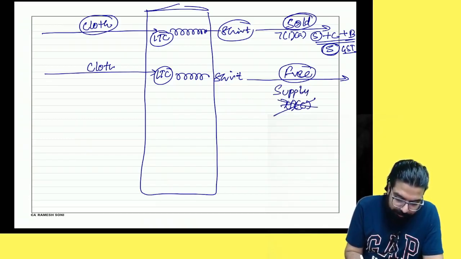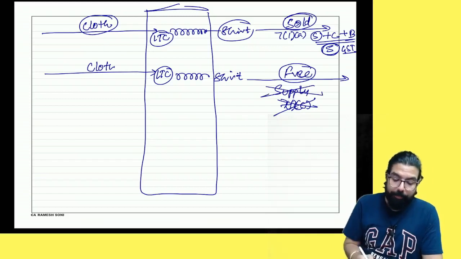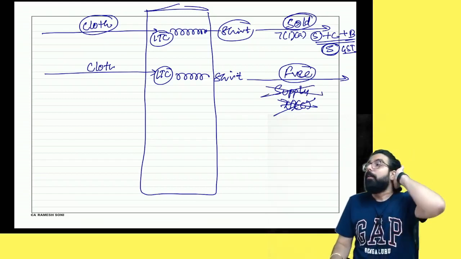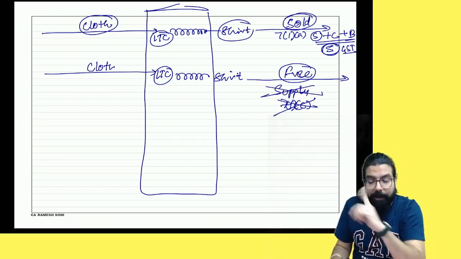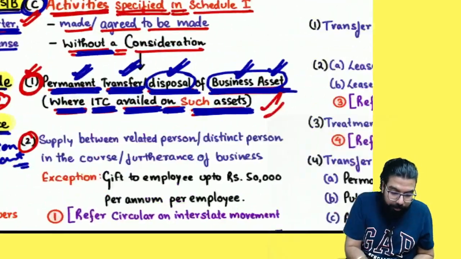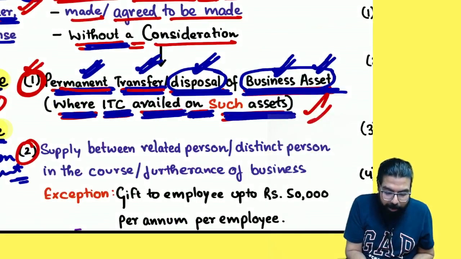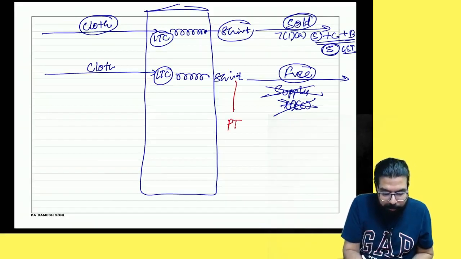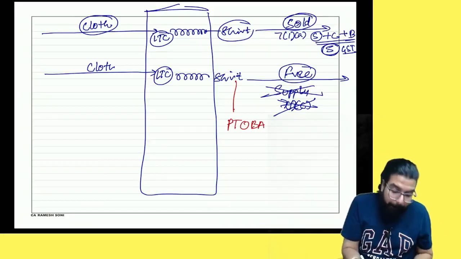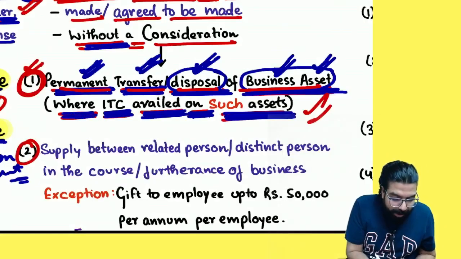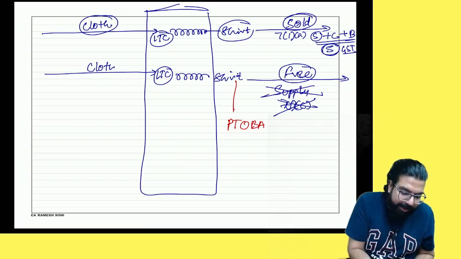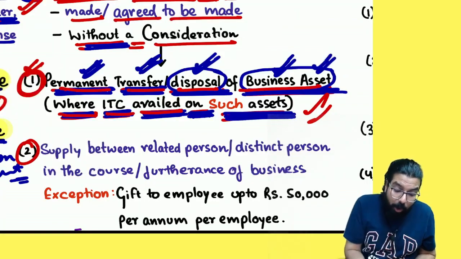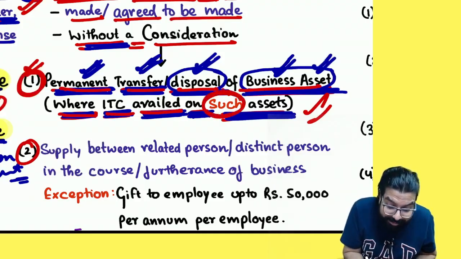Absolutely wrong. Why, sir? Now listen. 7(1)(c) says what? Permanent transfer or disposal of business asset. Here, is the shirt permanently transferred? Is it your business asset? Yes. But where ITC was availed, did you take the ITC on such asset?